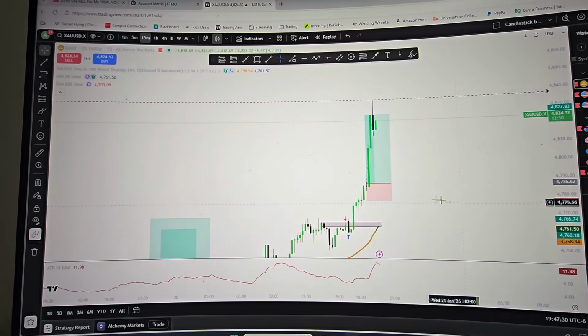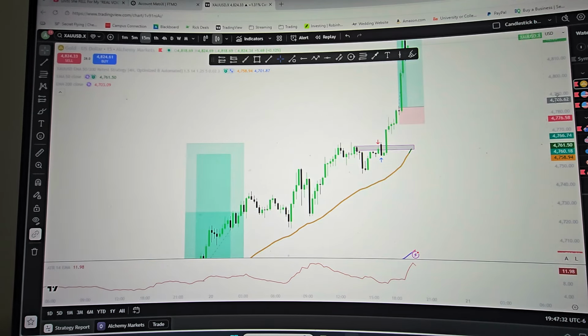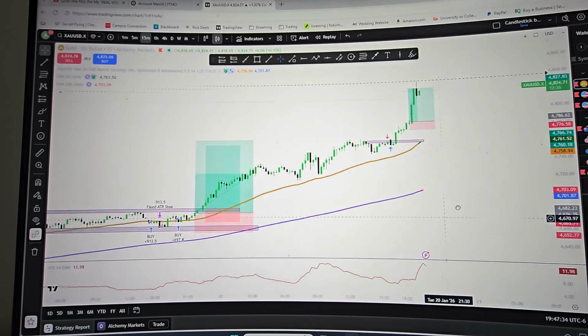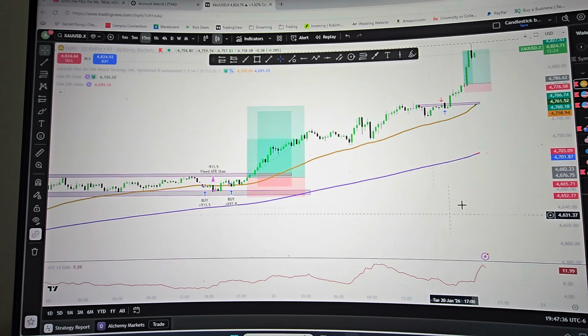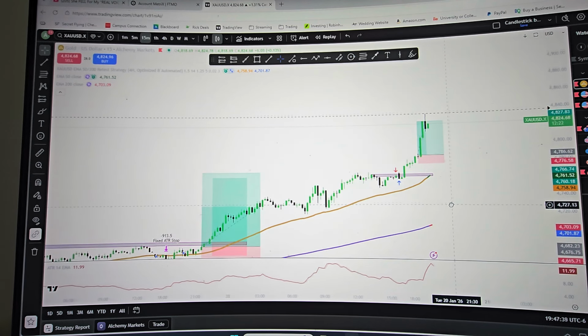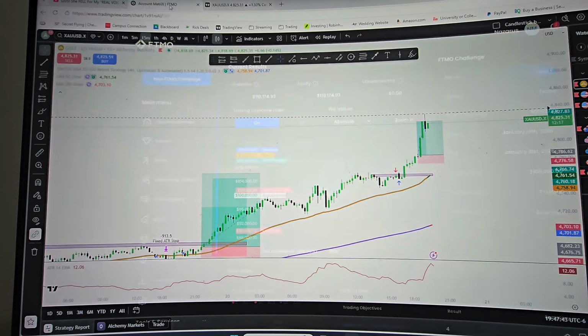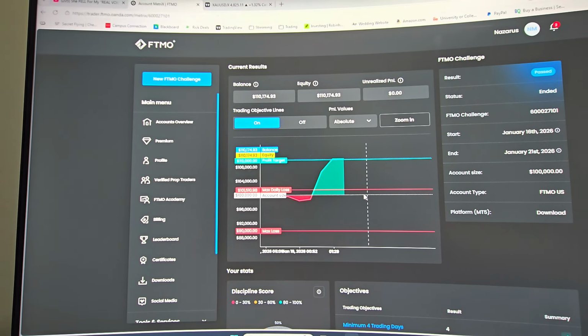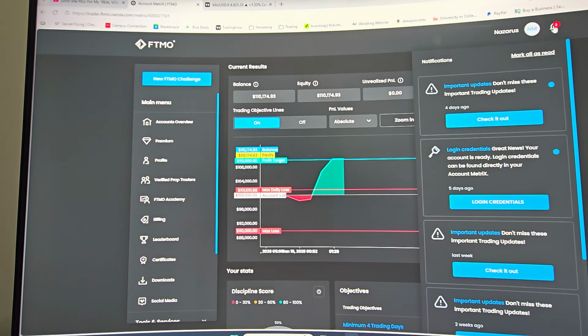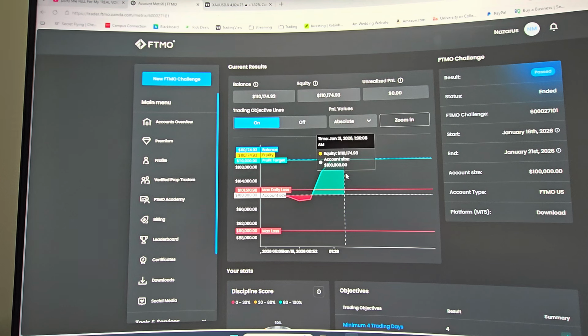Just by trading with the trend and using my moving averages and with the trend. So right now phase 1 is done, I think, so I just need to sit and wait for FTMO to get back to me on step 2, and then we can go from there.